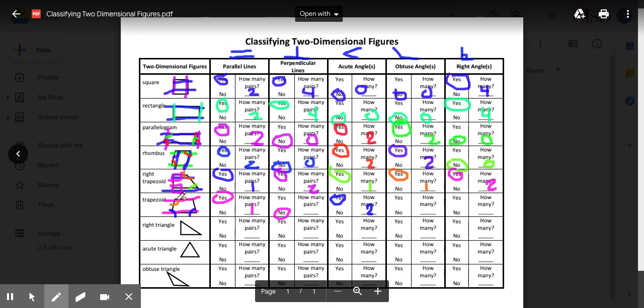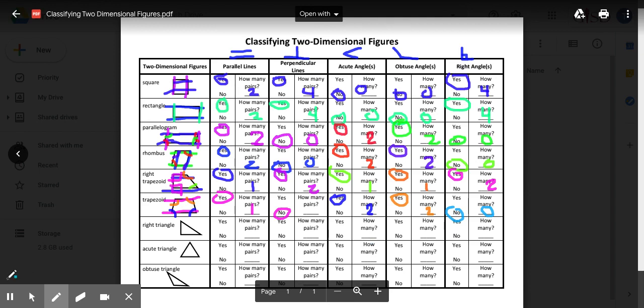I have one in this corner and one in this corner, so the answer is yes. And there are 2 of them. And because I have 2 acute angles and 2 obtuse angles, I have no right angles. So my answer is no and 0.